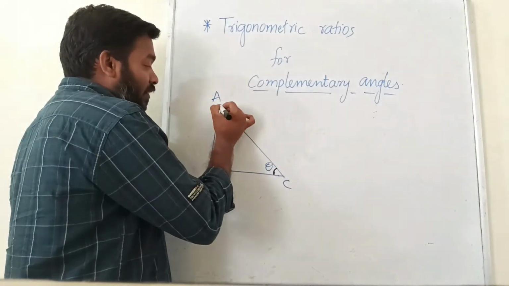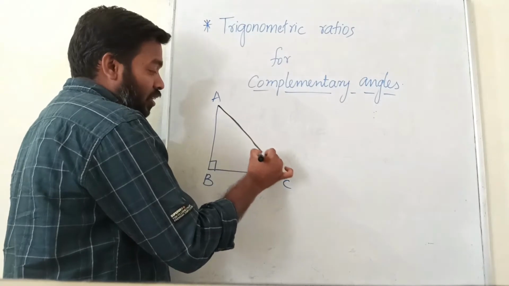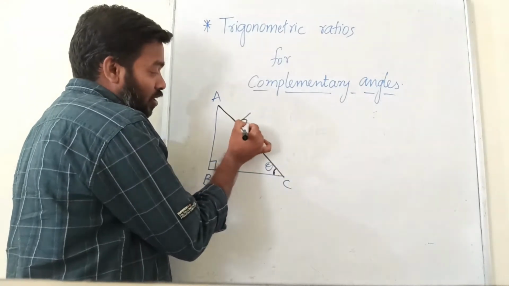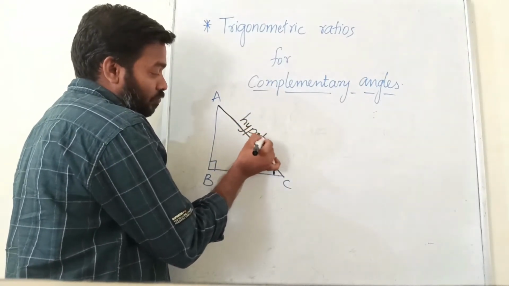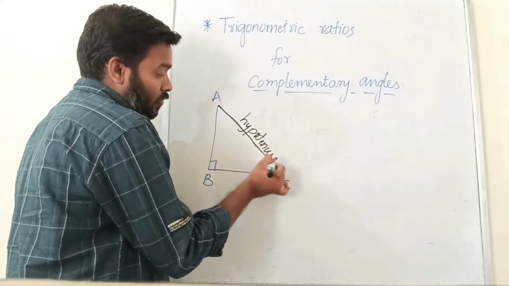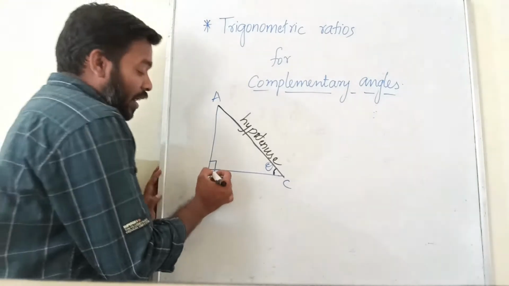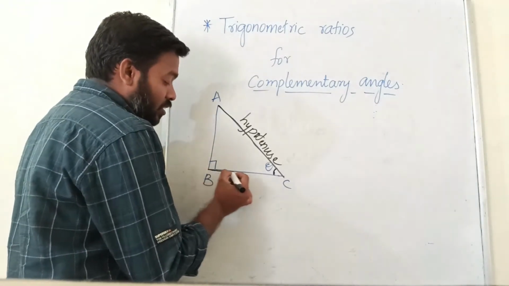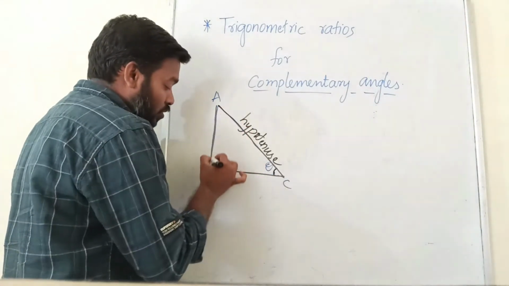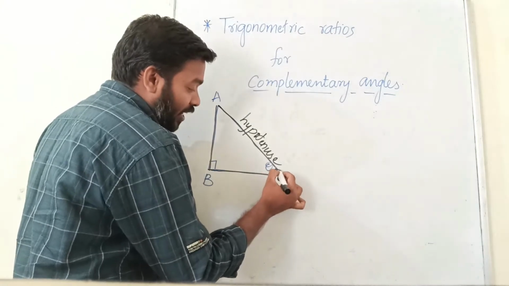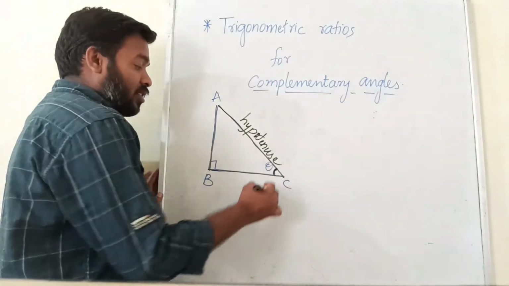First of all, the longest side in the right angle triangle is the hypotenuse. And the other two sides are named by taking angle theta into consideration.